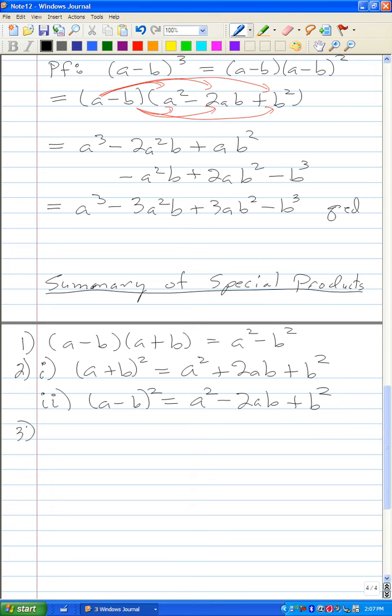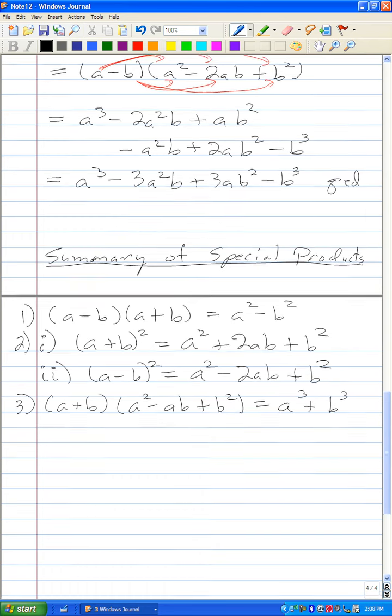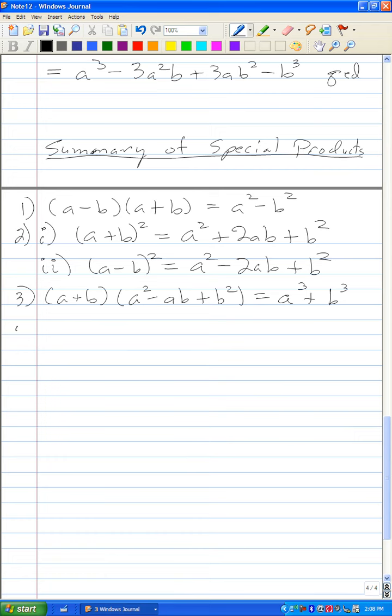Next I had the sum of cubes formula: a plus b times a squared minus ab plus b squared is a cubed plus b cubed. I had the difference of cubes formula: a minus b times a squared plus ab plus b squared is a cubed minus b cubed.